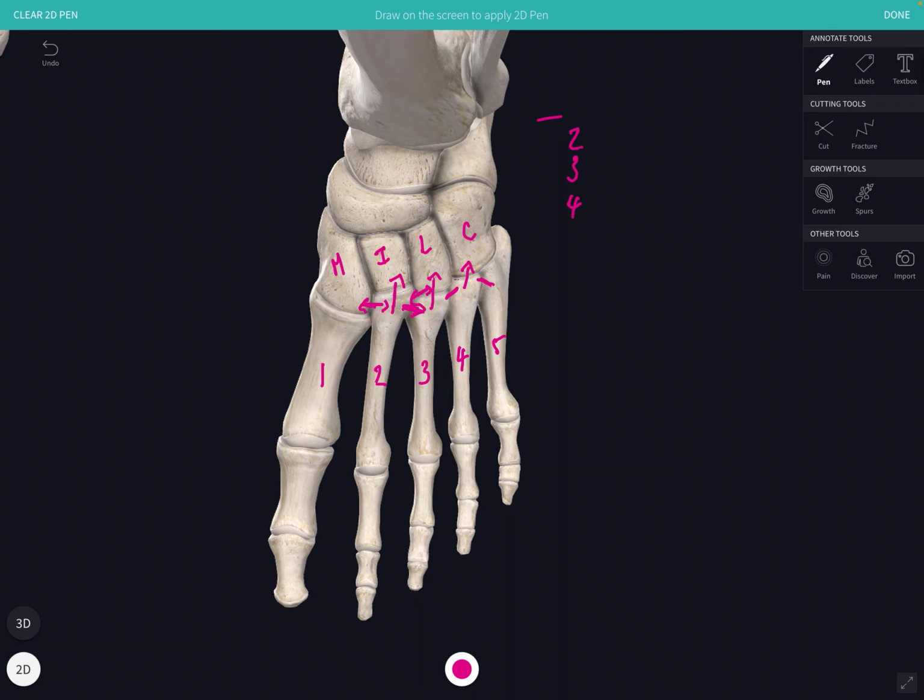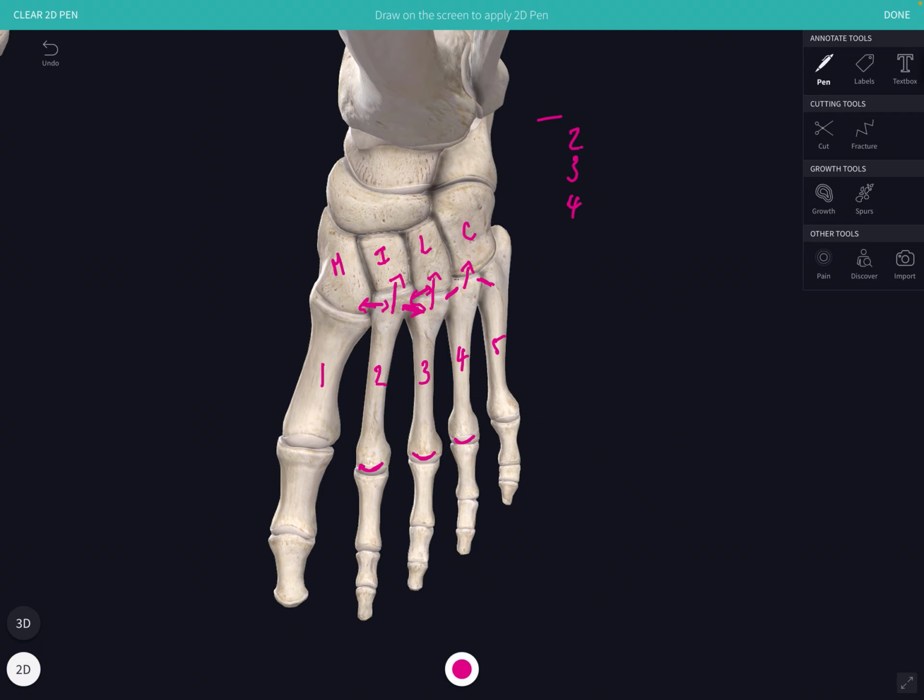Now the heads of the second, third, and fourth metatarsals are narrower than their bases. They have a convex articular facet which extends further onto the plantar aspect than the dorsal surface. The shafts of the second, third, and fourth metatarsal bones are slightly curved, being convex towards the dorsum of the foot.